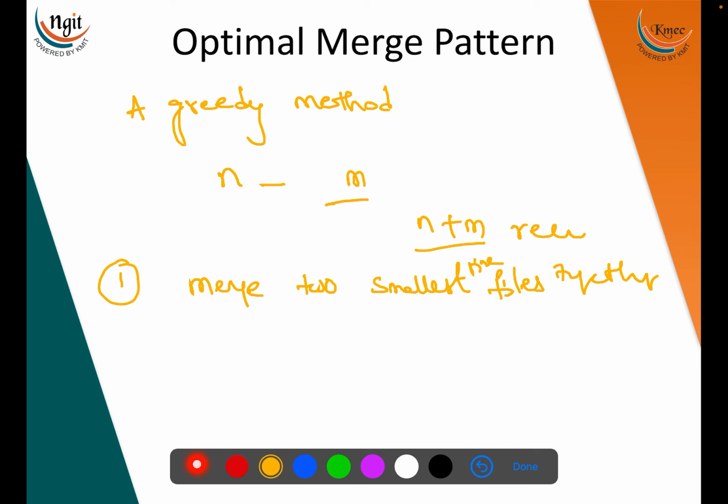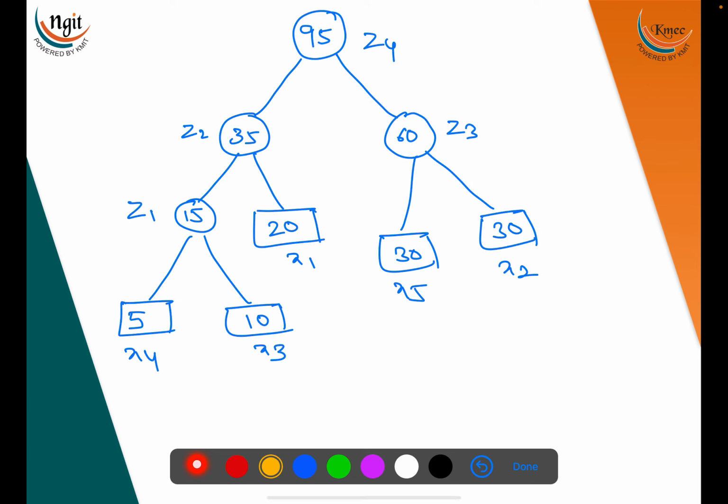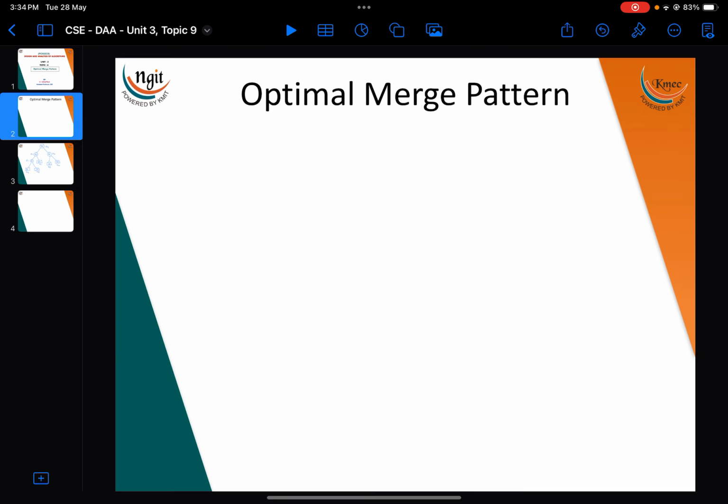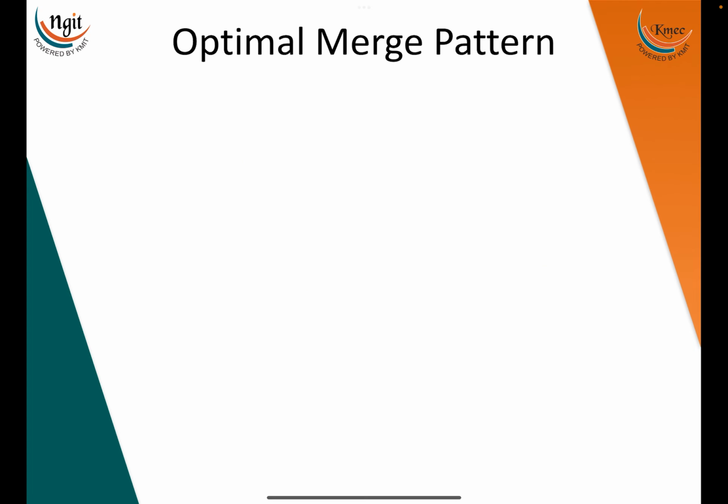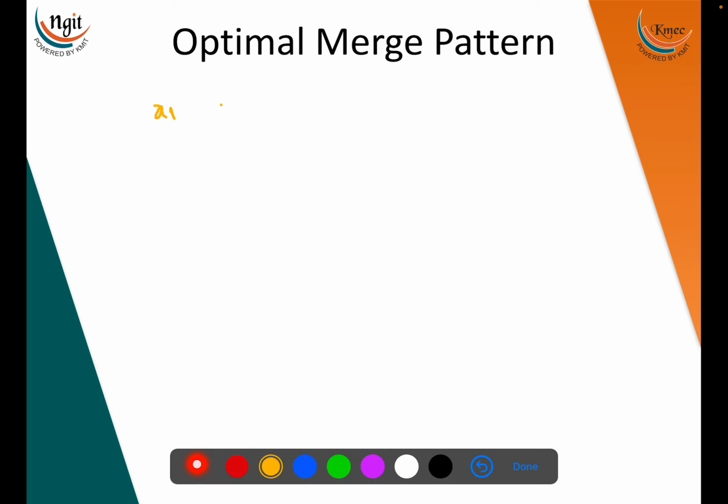Now let's see how we will proceed with an example. I'm going to take a simple example to give a good understanding. x1, x2, x3, x4, x5 are sorted files, and the available records in each are 20, 30, 10, 5, 30. Now how do you have to proceed as far as the greedy method is concerned?